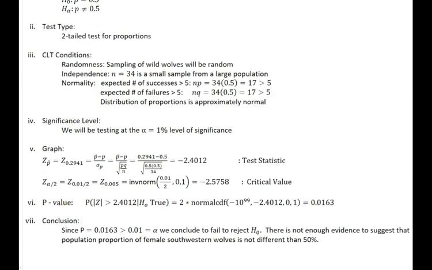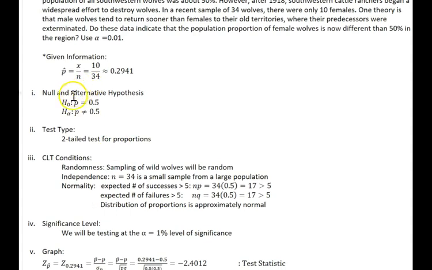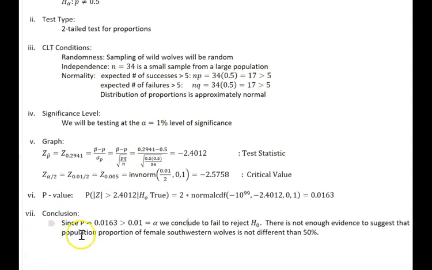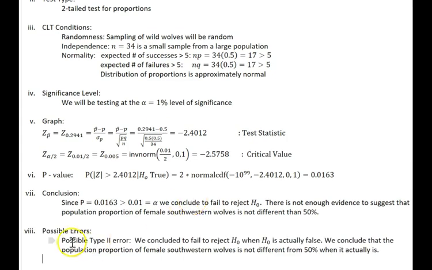Okay. So the next thing I want to talk about is my possible error, which is maybe I'm wrong. Maybe it is different from this thing, right? I just don't have enough evidence to show that. So the possible error that I made is that it actually is different. Okay. And that's what we call a type 2 error, right?